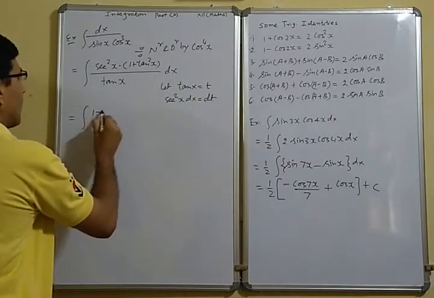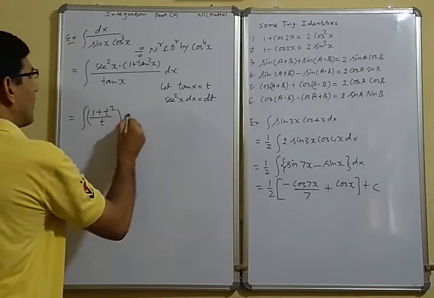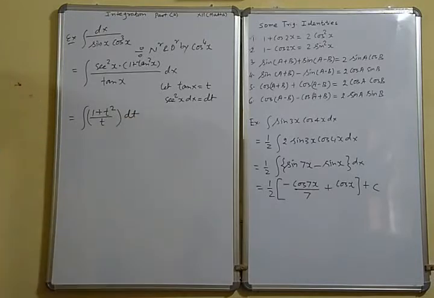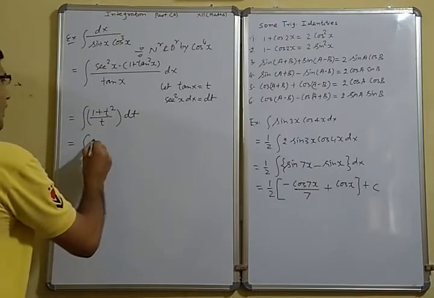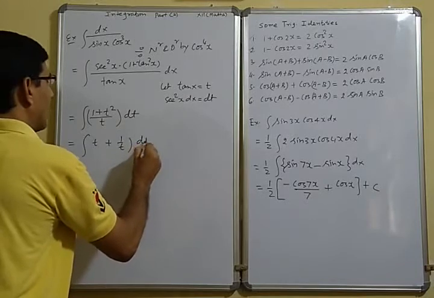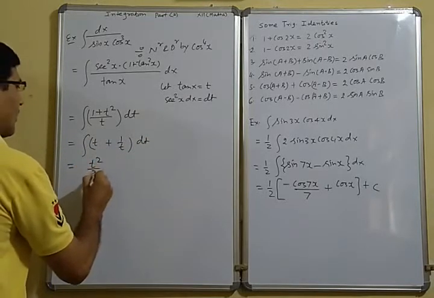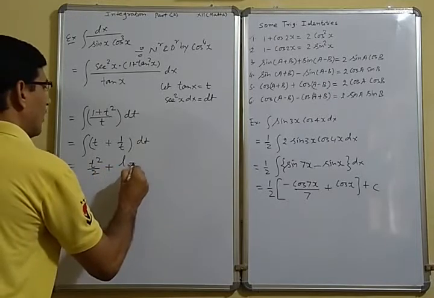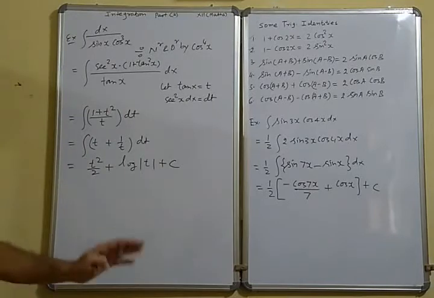So it becomes 1 plus t square divided by t, dt. Now integrate it by dividing: t square by t becomes t, and plus 1 upon t, dt.